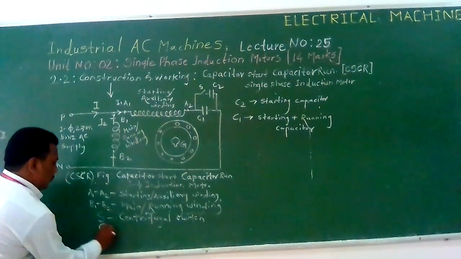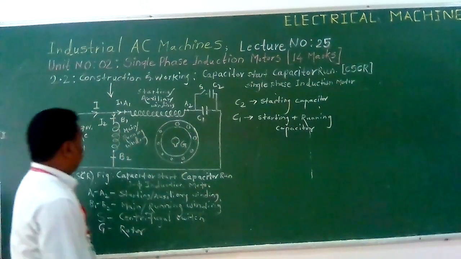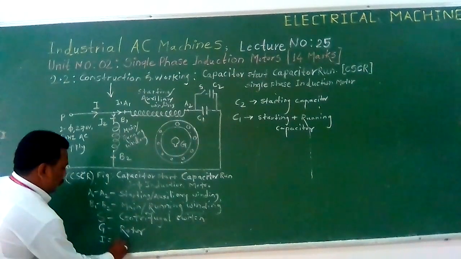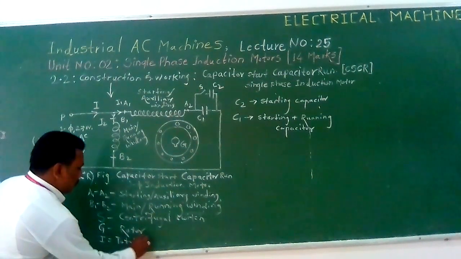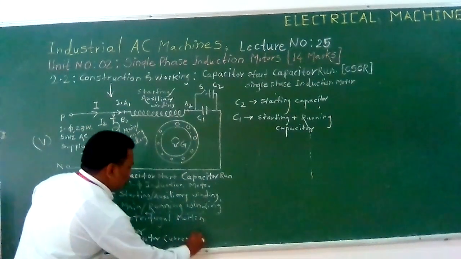G is the rotor; the rotor is a squirrel cage type. I is the total motor current in ampere.